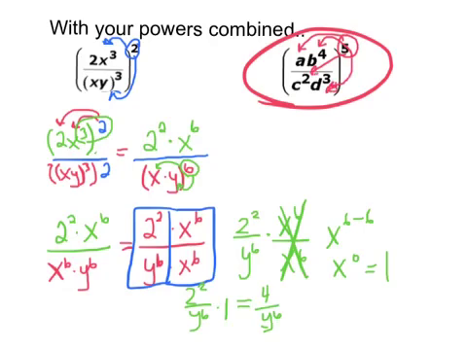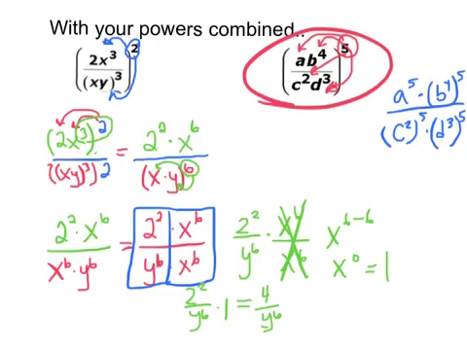If I apply it to each one of those bases, I get a to the 5th power times b to the 4th power to the 5th power divided by c to the 2nd power to the 5th power times d to the 3rd power to the 5th power. Now I use that same power of a power, and so I multiply those exponents together. So multiply, multiply, multiply.